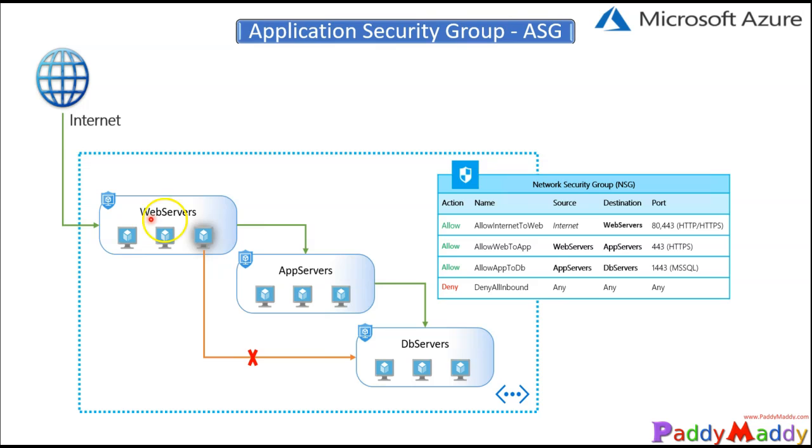But when it comes to DBs, since they do not have that ASG, they cannot communicate with these two categories. Then we create one more ASG just for the application servers as well as for the DB servers. That's where both can communicate. But since the first category is not available for the web server ASG, it cannot communicate. We are going to do that in a practical in a minute or so.